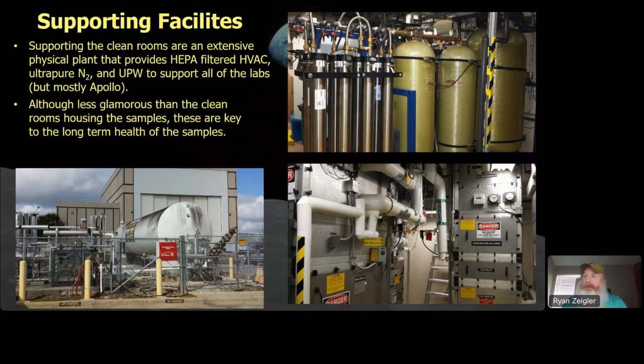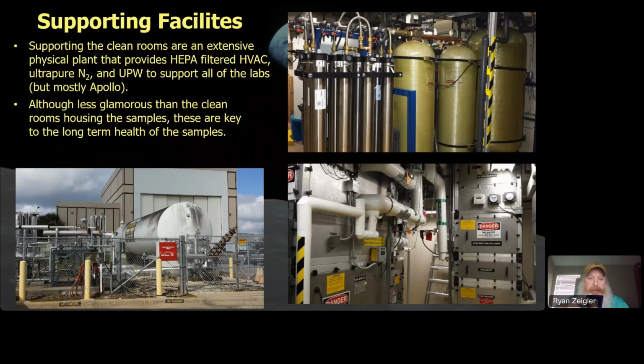We have that 17,000 gallon tank of liquid nitrogen that you see there, and we use the boil off from that as the inert gas, or almost inert gas, we use to keep the samples safe. And the gas itself is a special type of nitrogen we have trucked down from Dallas that they use in the semiconductor industry to try to keep the impurities within the nitrogen down.